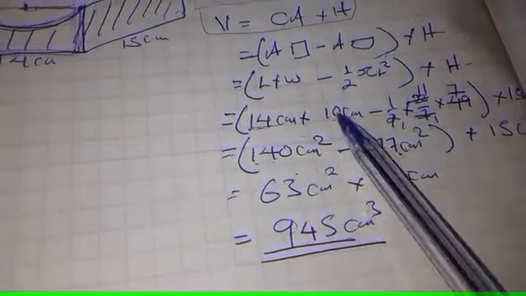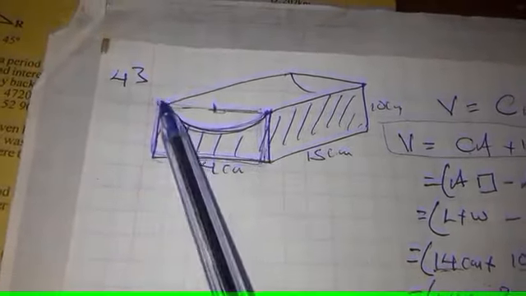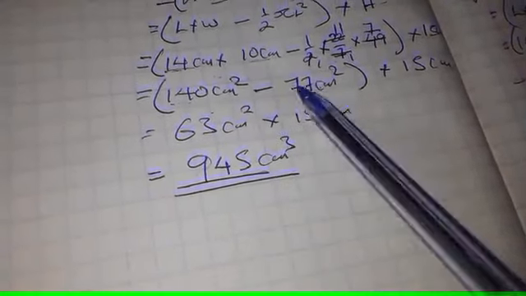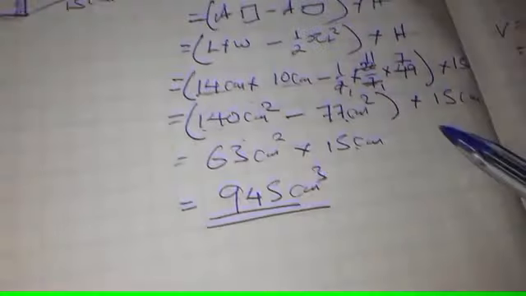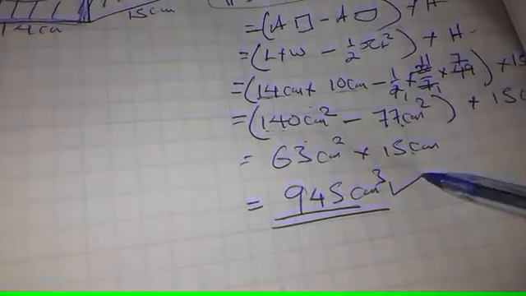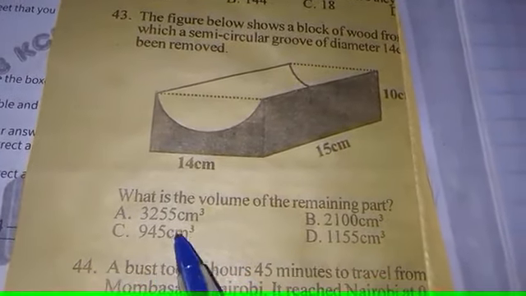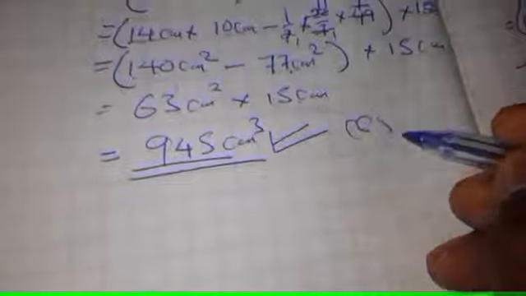So I've gotten the area of this rectangle minus the area of this semicircle, since it was cut out, and then I've multiplied by the height, and I've gotten 945 as my answer. So when you come to the question here, we have 945 in choice C. So the answer there is choice C.